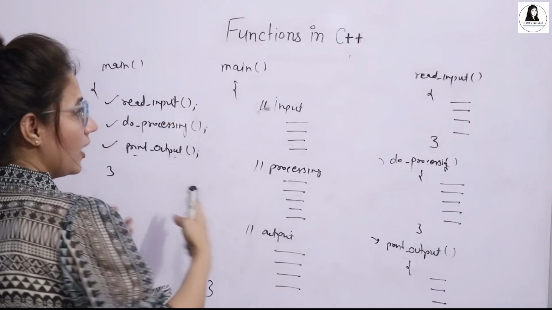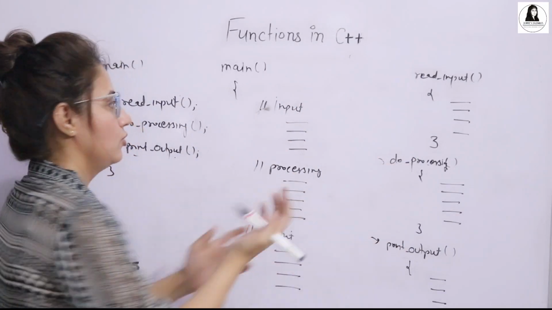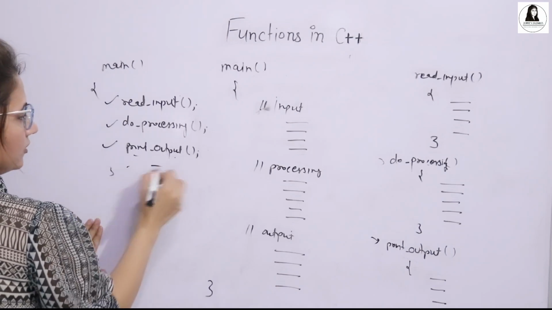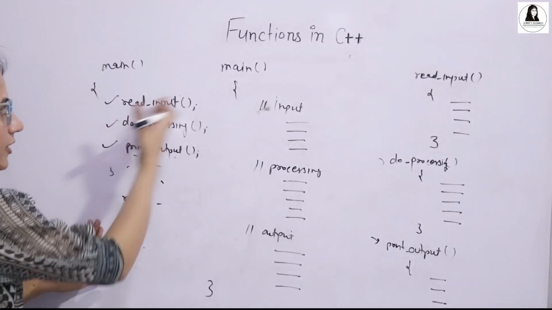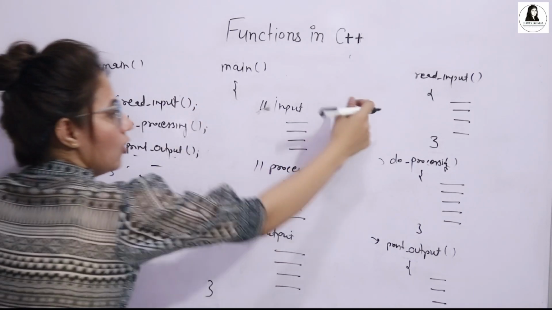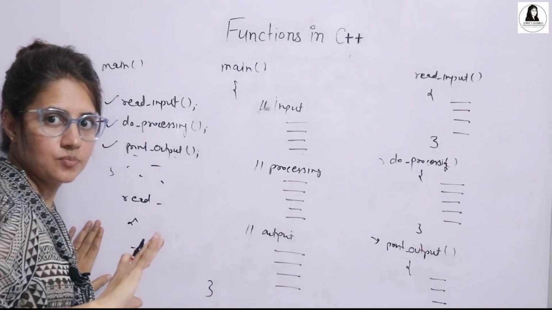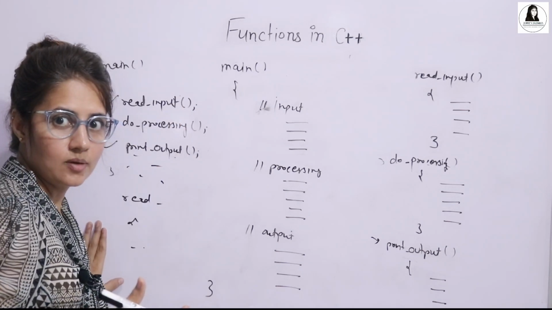And in our program, if you want to take input or processing or output again, you just call read input, do processing or print output, or only read input, and these kinds of things. So again and again, we can call these 3 things, right? Whenever you want, in our main or in any other function also, right?